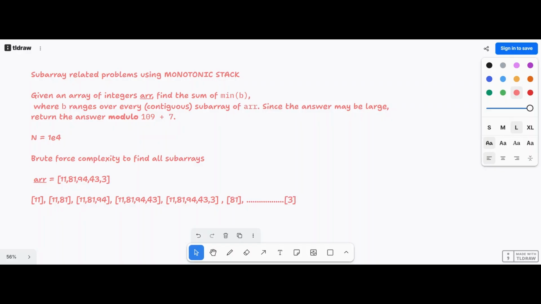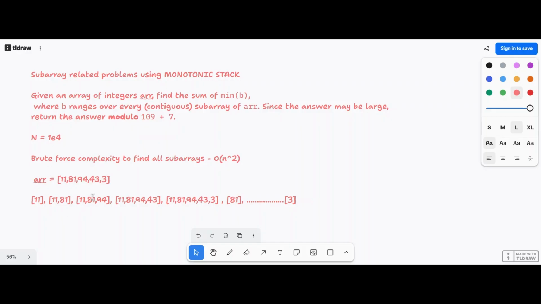So these are the kinds of subarrays. The brute force to find all subarrays: we choose the starting point, and then the ending point could go from i to n. We can take any number of elements, only 81, or 81 and 94 with 11. So the brute force time complexity to find all subarrays is order of n square.